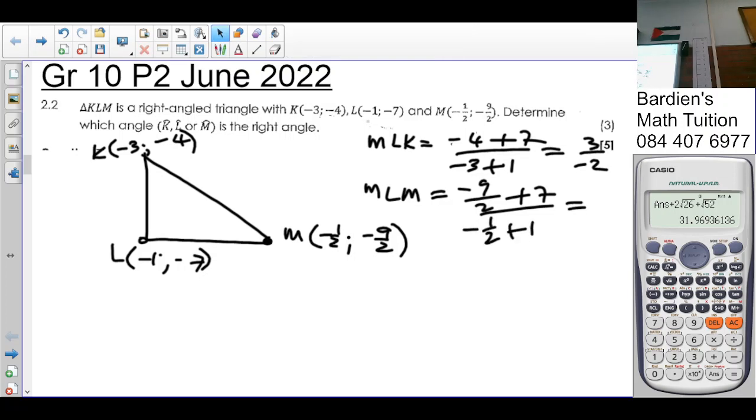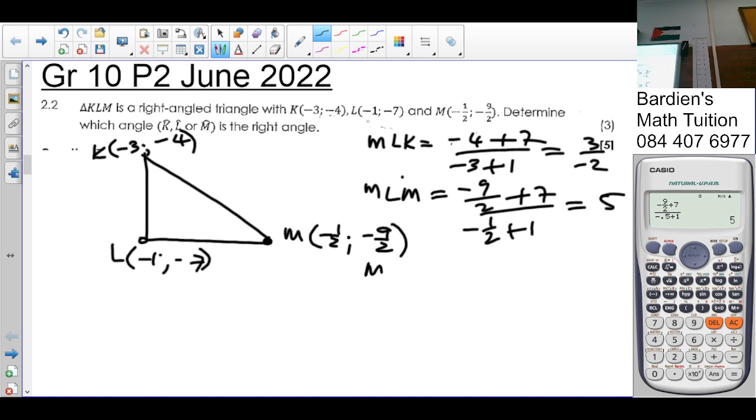So that gives us -9 over 2 plus 7, over half plus 1. So to give you 5 there. So definitely not those two there.